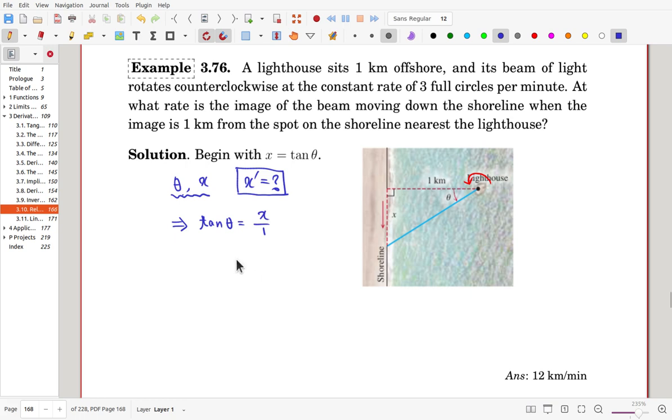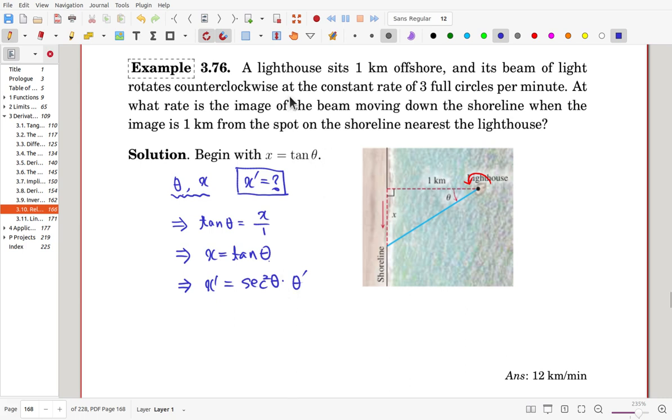That is tangent theta, so you can rewrite this as x equals tangent theta. Theta and x are functions of time, so if we take a time derivative, then x prime equals secant squared theta times theta prime. So the unknown is x prime, and we have to get theta and theta prime.